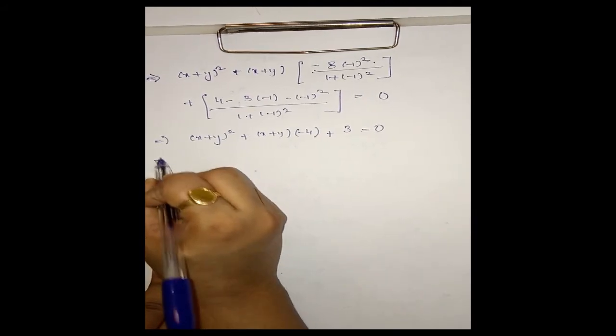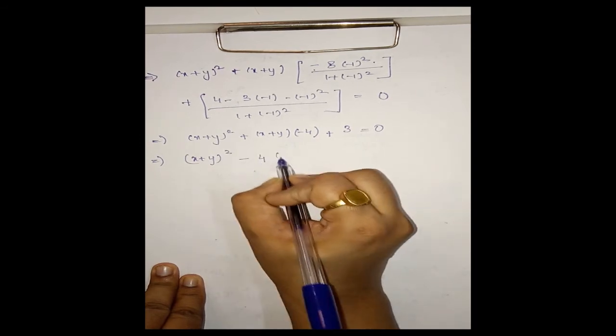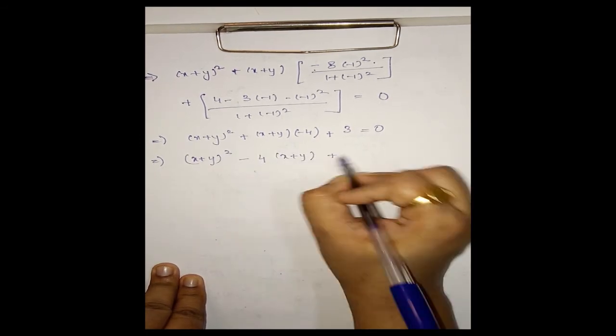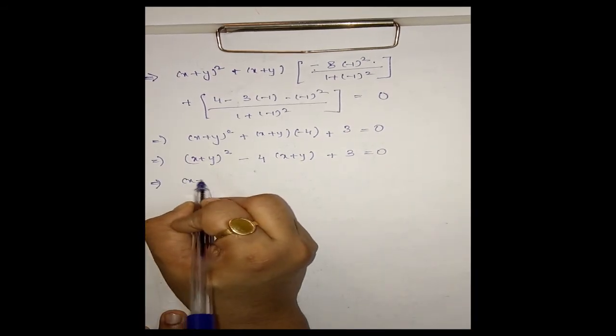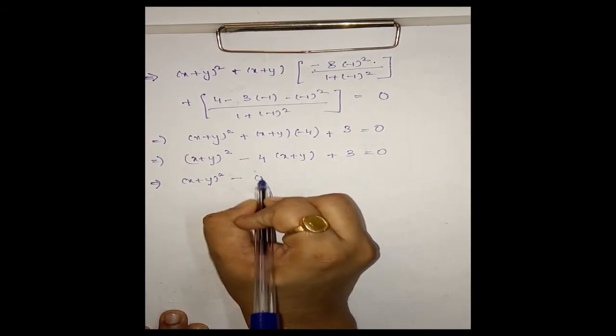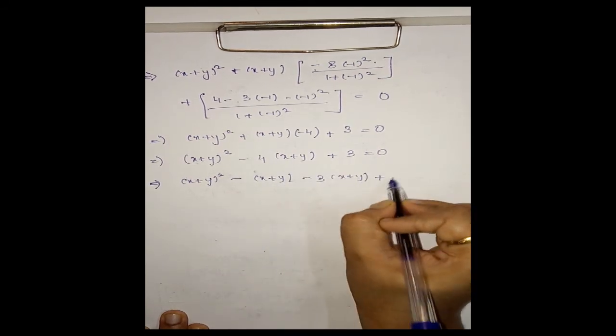That is, (x plus y) whole square minus 4 (x plus y) plus 3 is equal to 0. Now this can further be written as (x plus y) square minus (x plus y) minus 3 (x plus y) plus 3 is equal to 0.